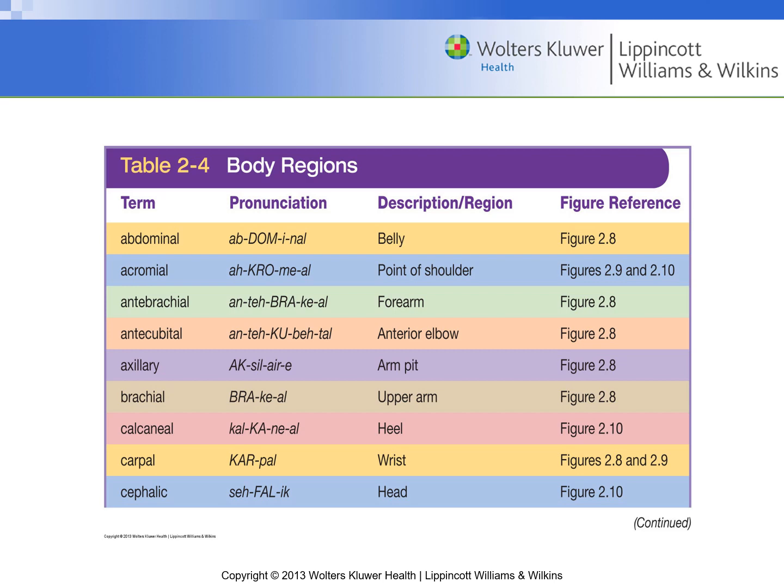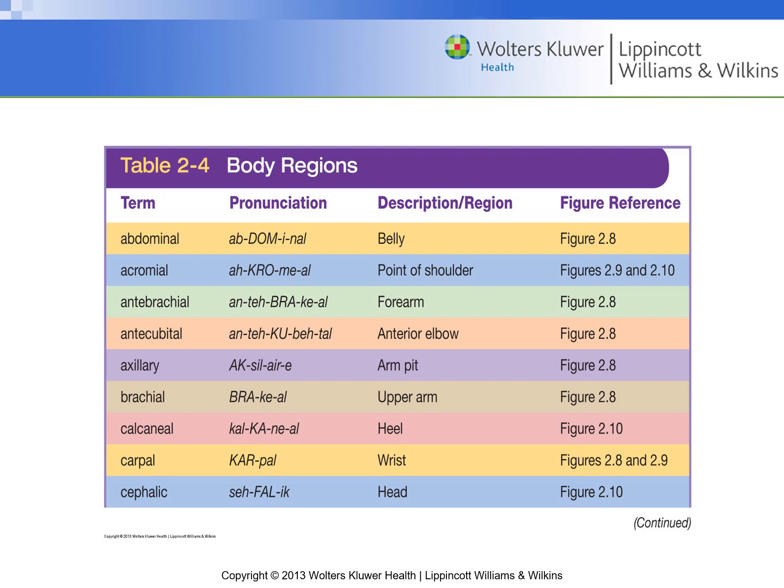So, for example, abdominal, it shows you how to pronounce it. It's referring to the belly region, and of course you can find that at figure 2.8. Acromial is the next, and we're referring to a point of the shoulder, and that's found in figures 2.9 and 2.10.